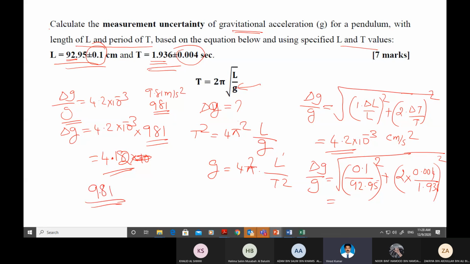This is your G, 9.81, but I am expressing it in centimeters, plus or minus 4.18. This will be the answer. So when you measure G with a simple pendulum experiment, the error can be plus or minus 4.18. This is the meaning.